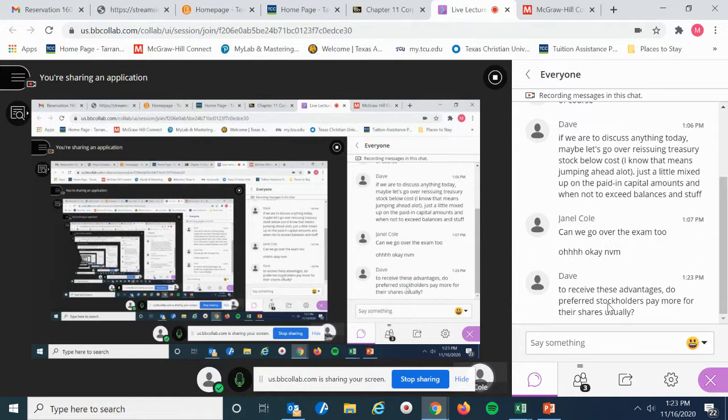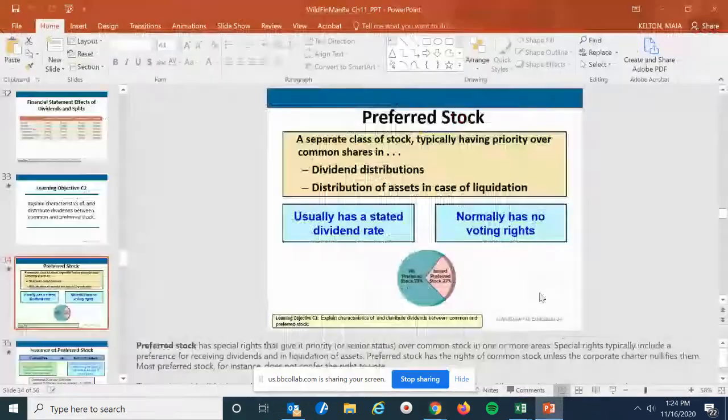And those preferred stockholders are more interested in getting their guaranteed dividends. They're not as interested in having voting rights and electing the board of directors, etc. So yes, to receive these advantages, they pay more.